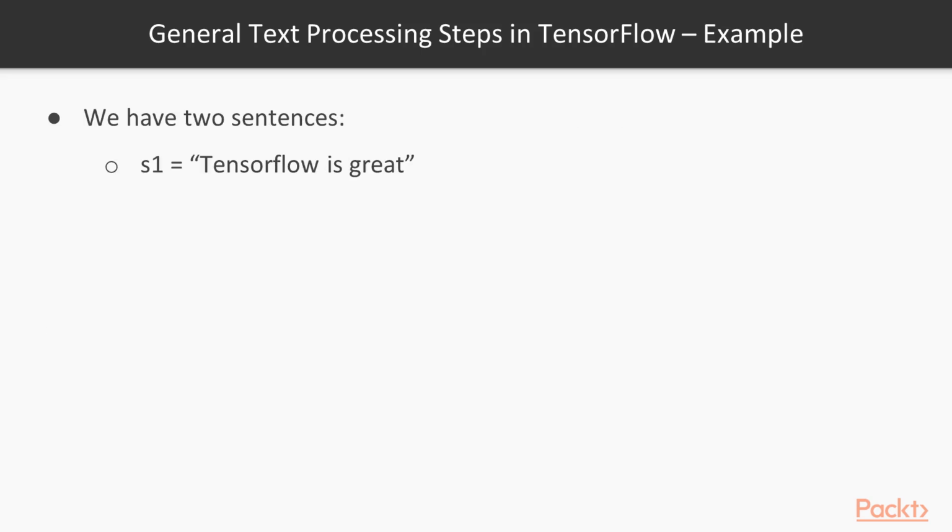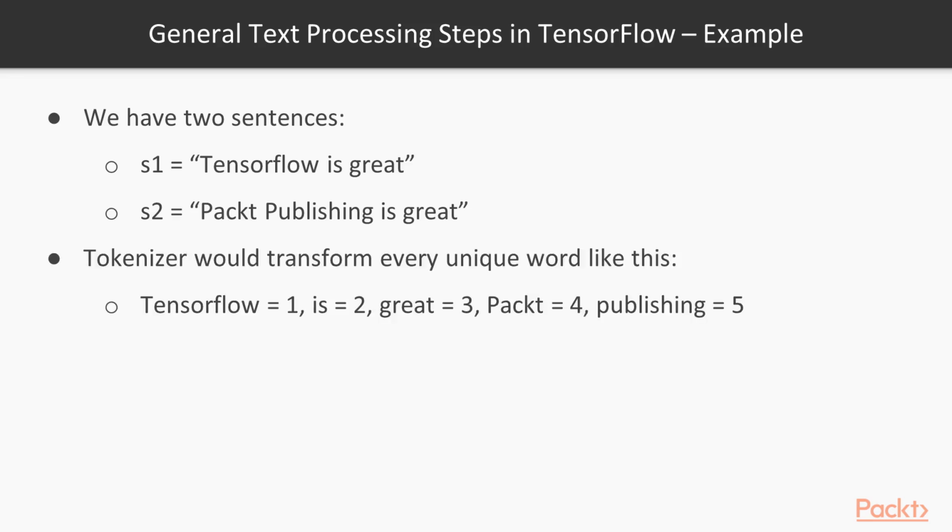For example, we have two sentences. S1, TensorFlow is great. And S2, Packt Publishing is great. Tokenizer would transform every unique word like this. TensorFlow equals 1, is equals 2, great equals 3, Packt equals 4, publishing equals 5.